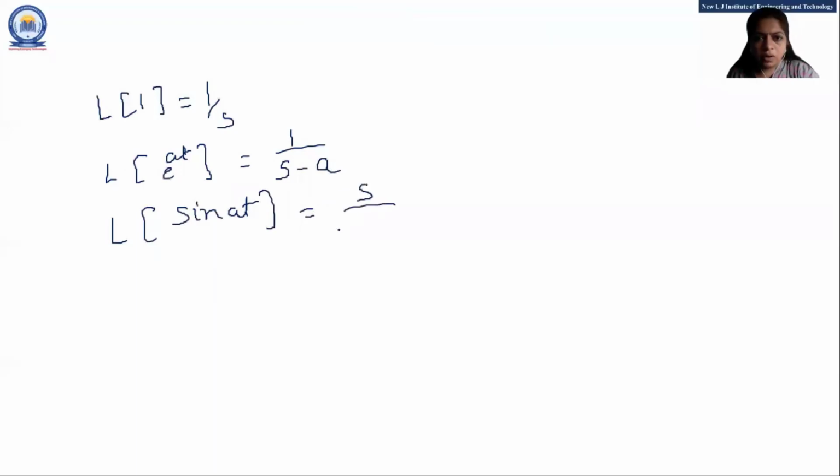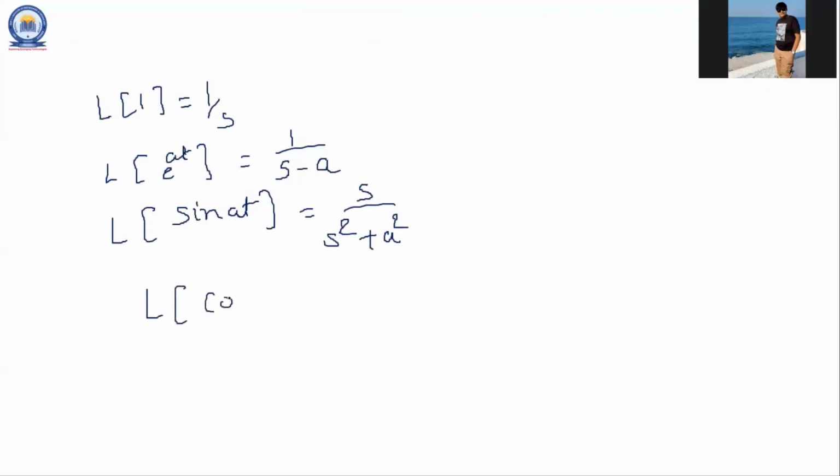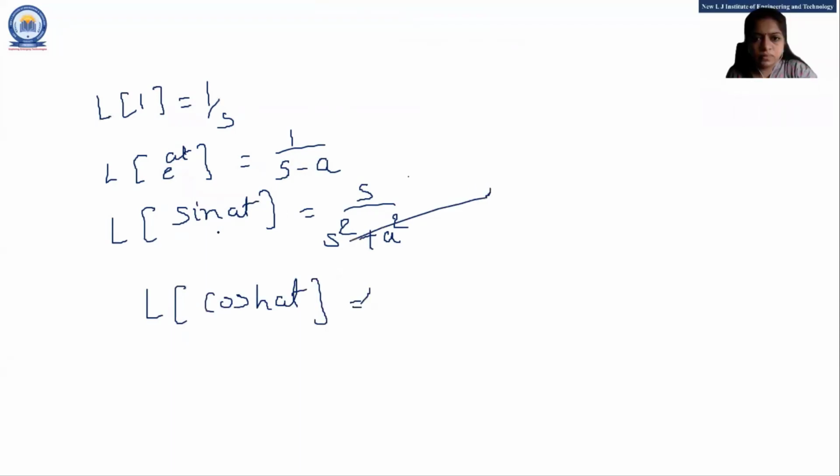Okay. And what about the Laplace of cos hyperbolic at? Cos hyperbolic at is s upon s square minus a square.